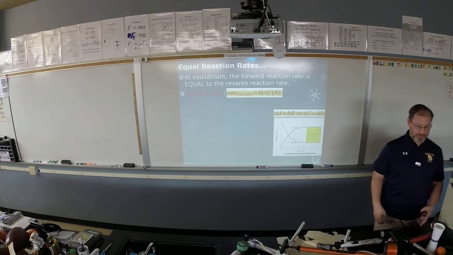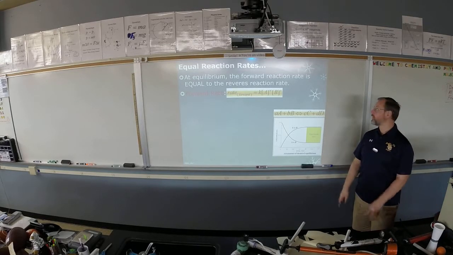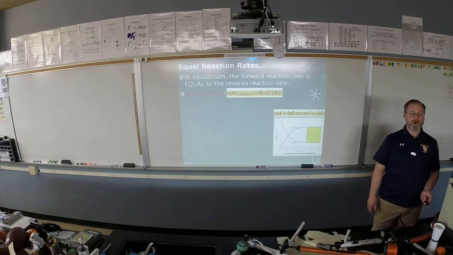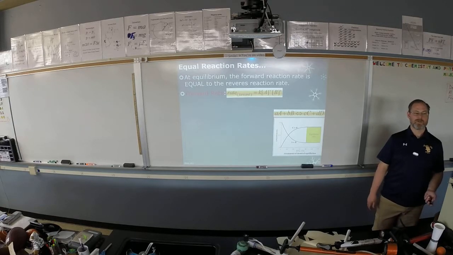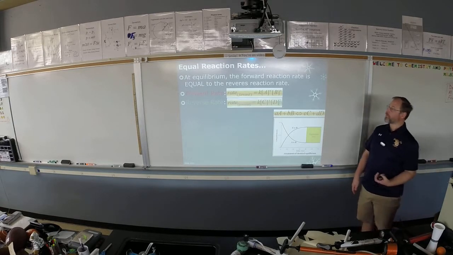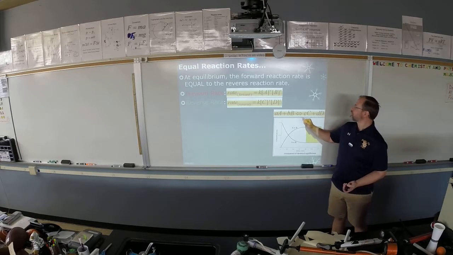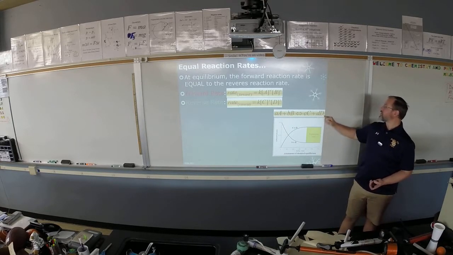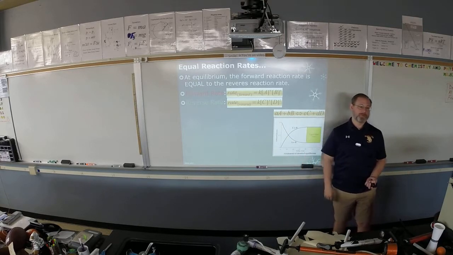Those exponents, those orders, have to be experimentally defined. The reverse rate would then be the concentration of what and what? The products. So the reverse rate would be the concentration of C raised to some exponent and the concentration of D raised to some exponent.